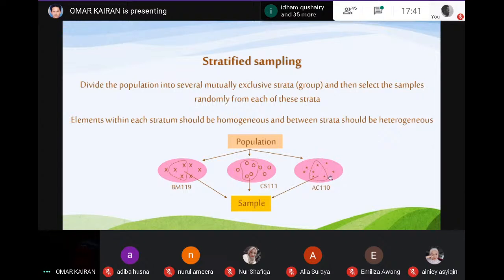Itu yang dinamakan sebagai stratified sampling. Boleh faham? Pemilihan dalam grup itu based on simple random sampling ataupun systematic random sampling.